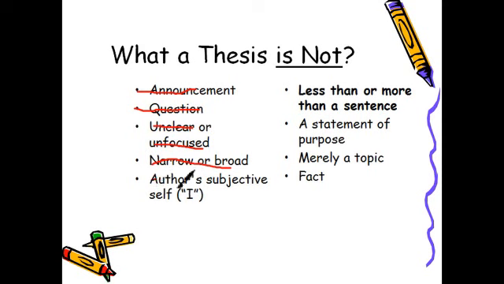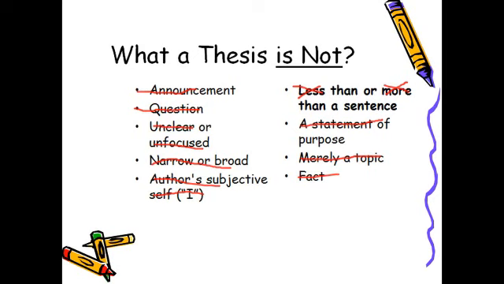And we never want to include the author's subjective self-I. Remember, it's never less than or more than one sentence. Your thesis statement should always be one solid sentence long. It's never simply a statement of purpose, because remember, we need to have that position and your reasons why. And it's never merely a topic or a fact.